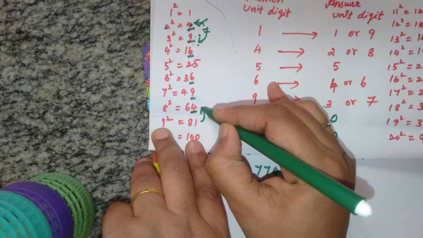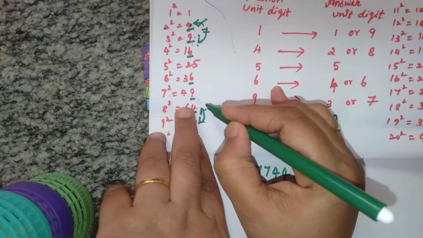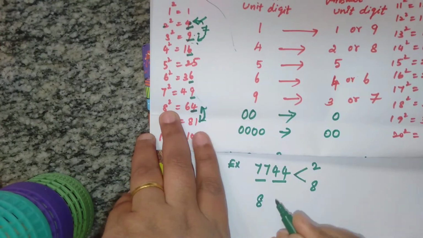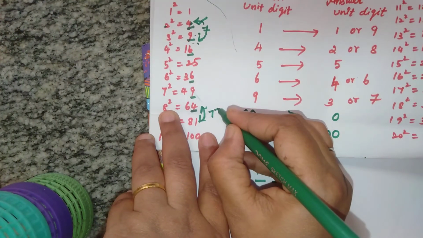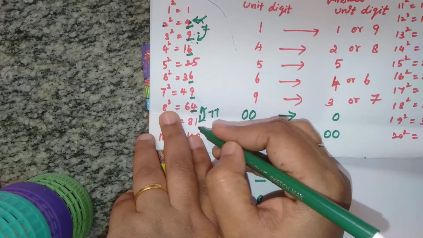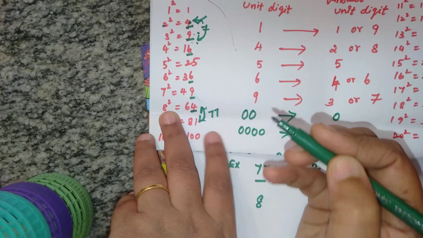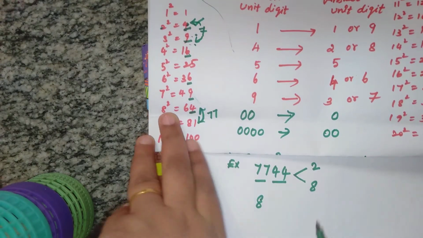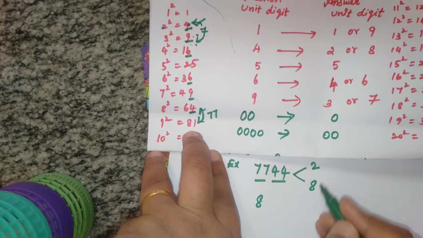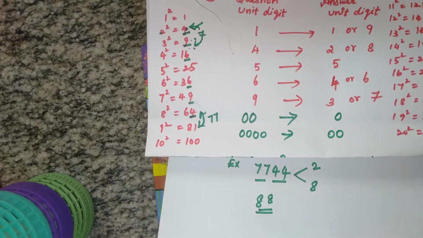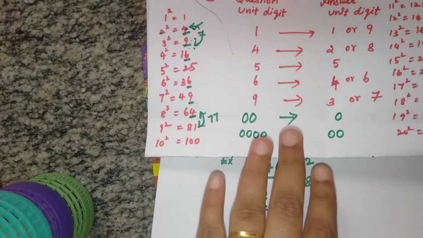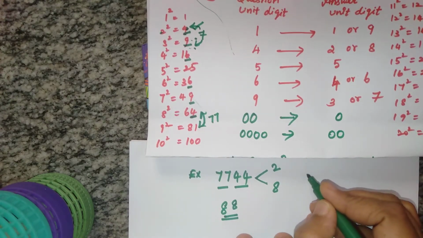In between 64 and 81. So we can take 8. The answer will be 82 or 88. 77 is 13 away on this side. On this side, what is the gap for 77? Only 4. So the lower is closer. Which is the lower? 8. So the answer will be 88. The same concept. Okay. Next we take another example also.